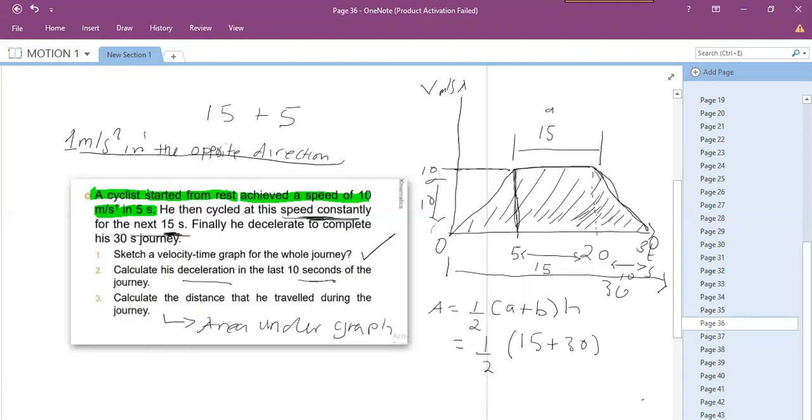Get your calculator: 15 plus 30 is 45, multiplied by 10, then divide by 2. Then you're going to get your area as 225. Therefore, the distance was 225 meters.